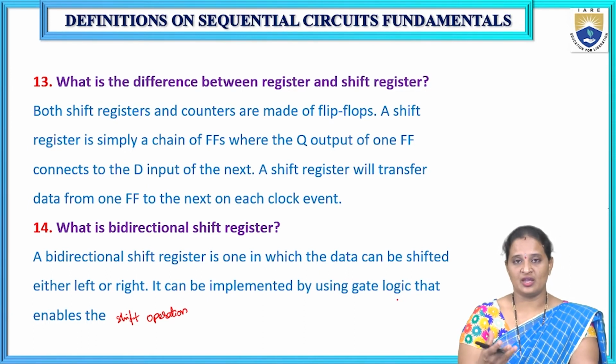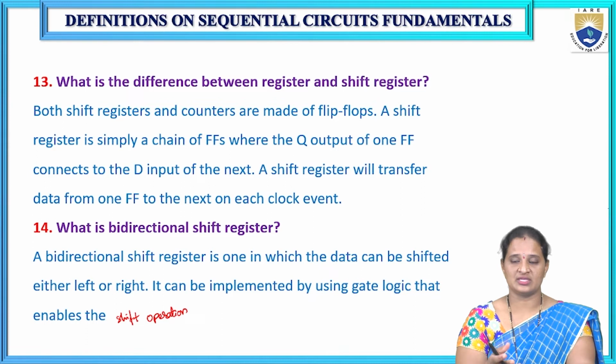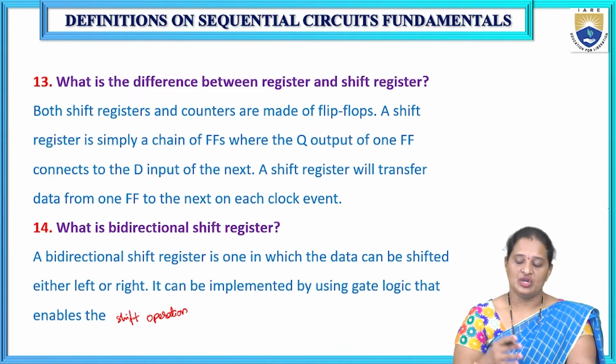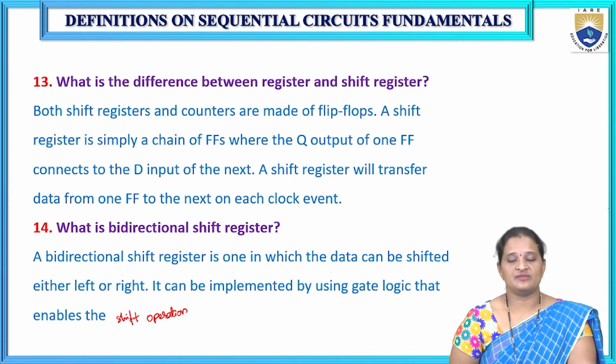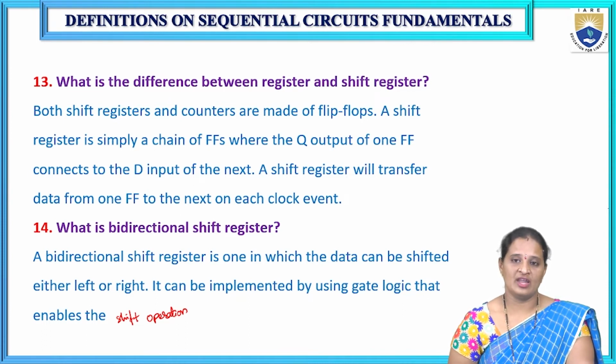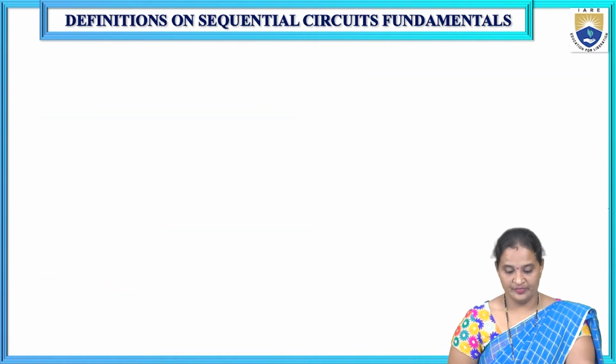So I can decide in which direction the data has to be moved in the register, either right or left, by an enable input. So a bidirectional shift register is a register in which the data can be shifted from right to left or left to right, and which can be implemented using logic gates that enable the shift operation.